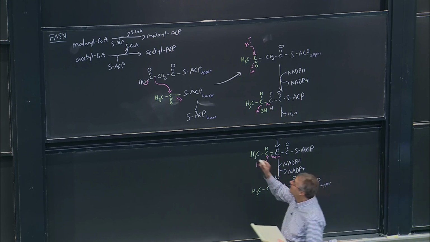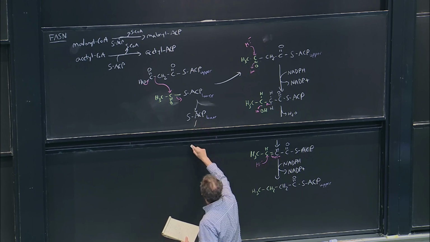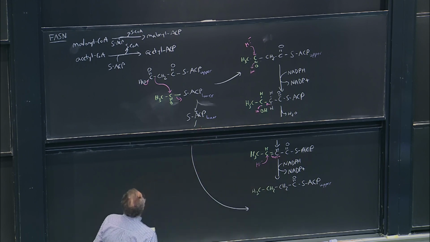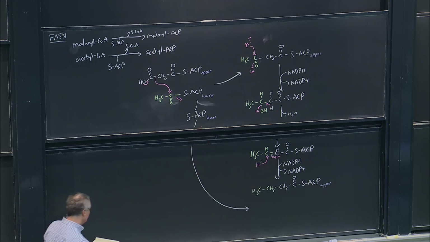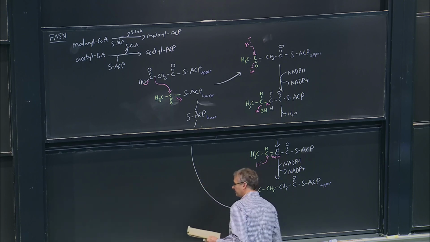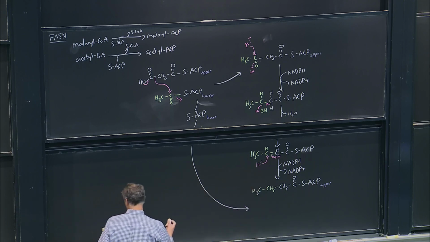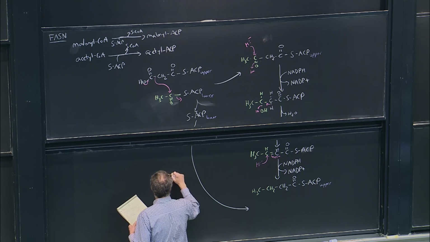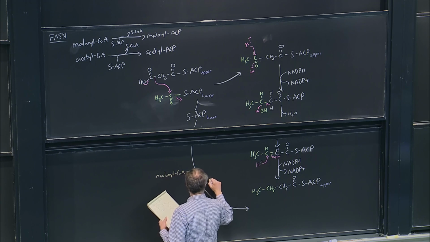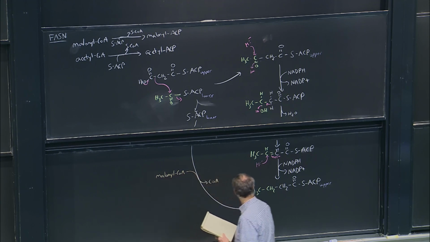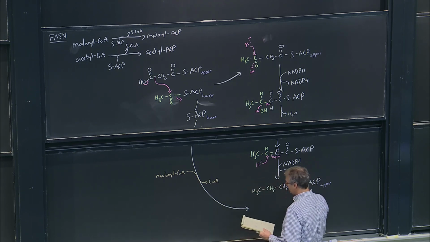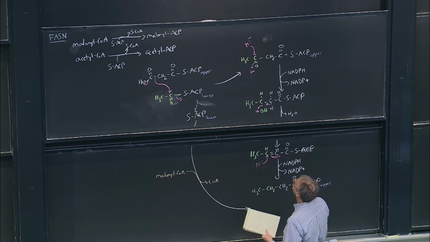Well, we can repeat this cycle. So now we can have this SACP on the lower site pick up a malonyl-CoA, release the CoA, and then we have down here another malonyl-CoA.